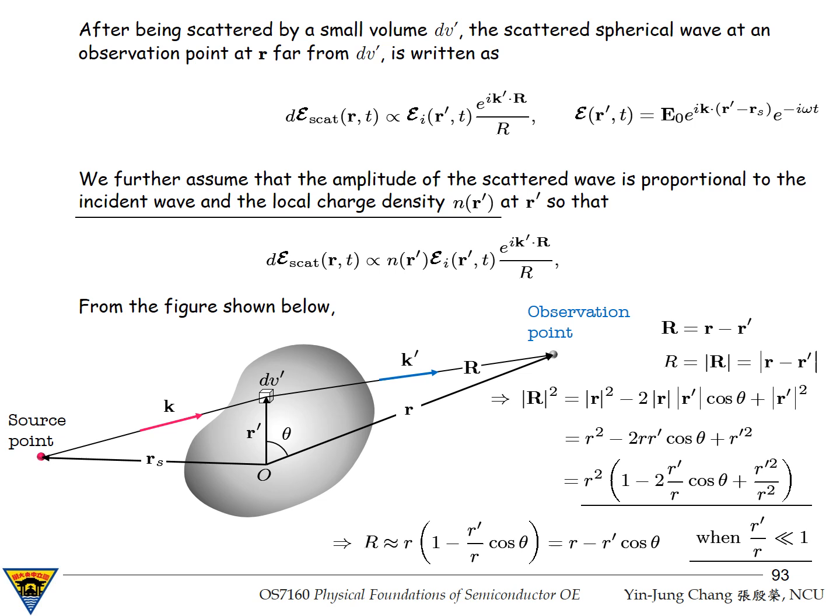Please note that the condition R prime divided by r much less than 1 suggests the detector or the observation point is very far away from the crystal.